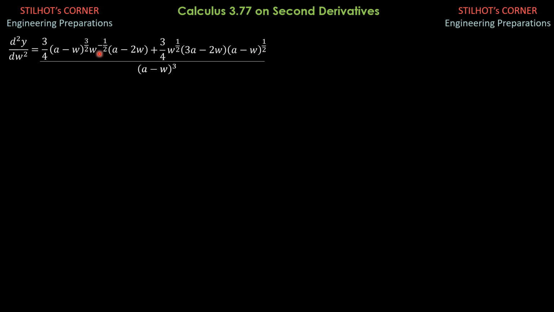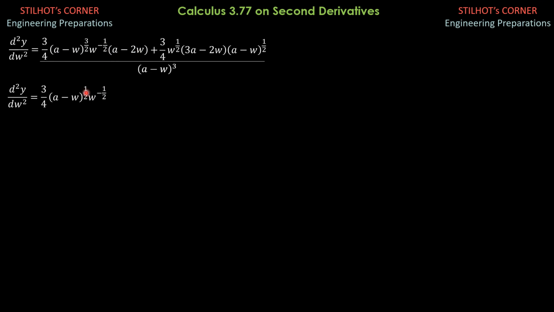For this factor, it is w to the negative 1/2, and there's no factor here. So let's factor out 3/4 of (a minus w) to the 1/2, then negative w to the negative 1/2. So the second derivative of y with respect to w is 3/4 (a minus w) to the 1/2 rather, then w to the negative 1/2.